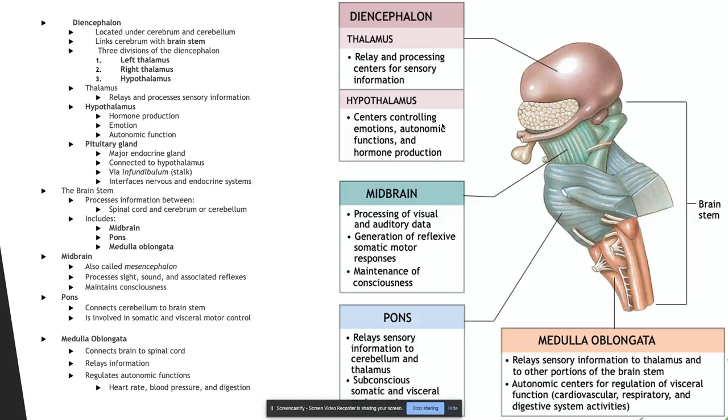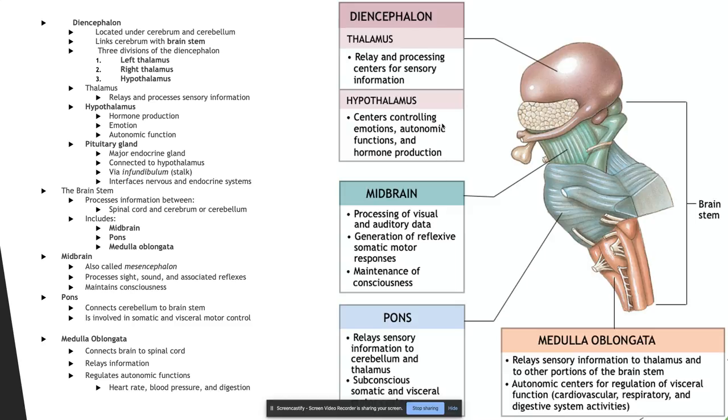The pons of the brain connects the cerebellum to the brainstem. Pons is Latin for bridge. In addition to tracts and relay centers, the pons contains nuclei involved with somatic and visceral motor control. The medulla oblongata connects the brain to the spinal cord.